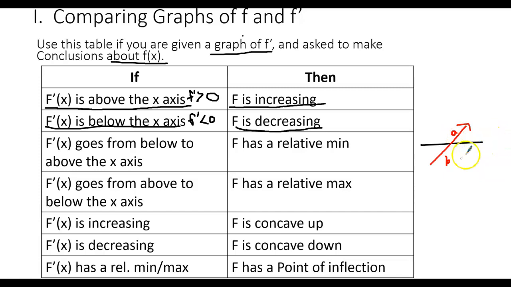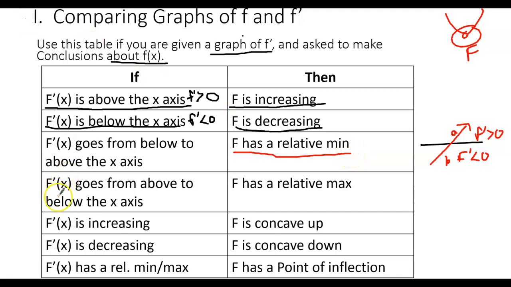Since the f prime graph is going from below to above, that means that f prime is going from negative to positive. And we talked about that earlier in the video also. Anytime you have a point and the graph goes from negative to positive, that means the original function must have a relative minimum at that point. And so if the f prime graph goes from below to above the x-axis, that is a point where the f function has a relative min.